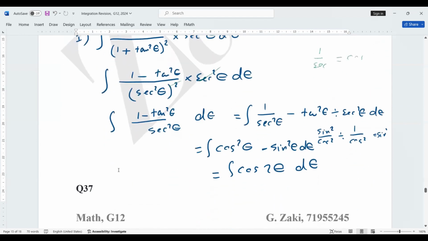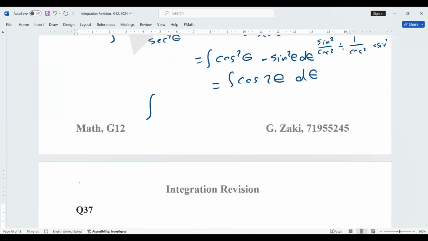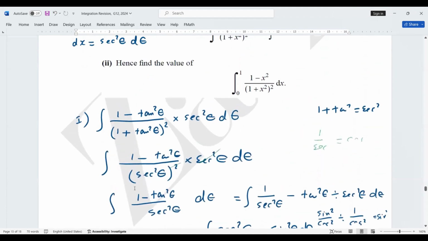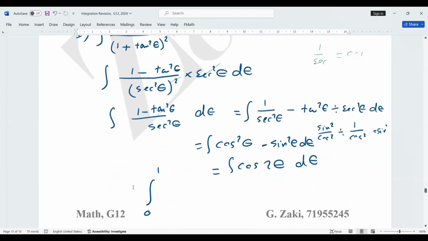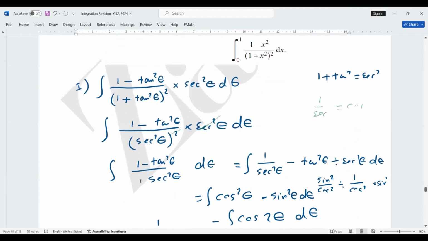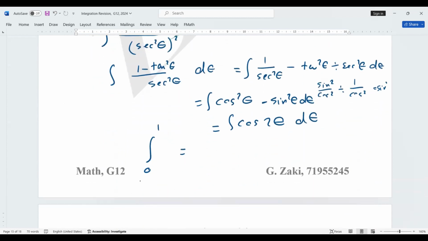Integration from 0 to 1. Now it's easy. But here we have to convert the limits. From 0 to 1 equals, we go to the given, x equals tan theta.